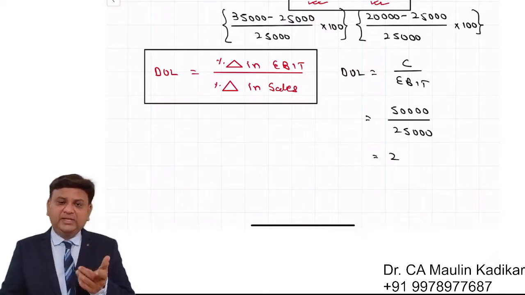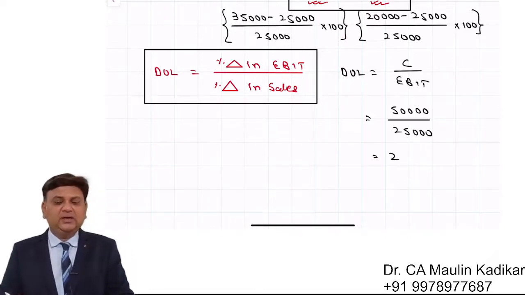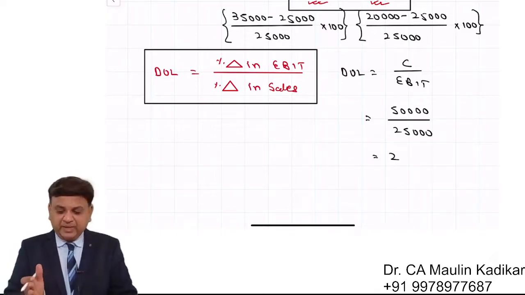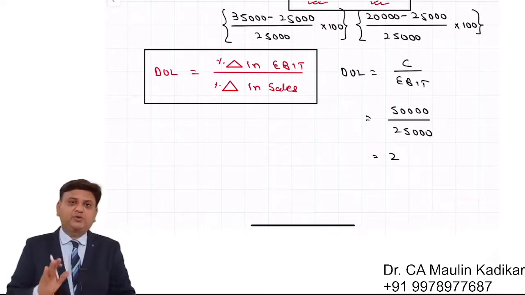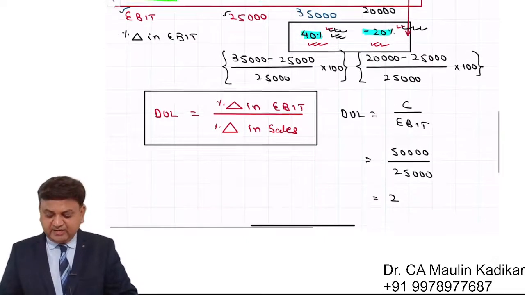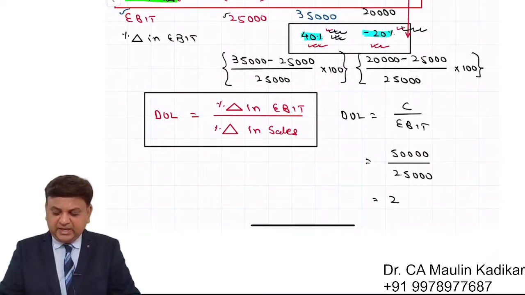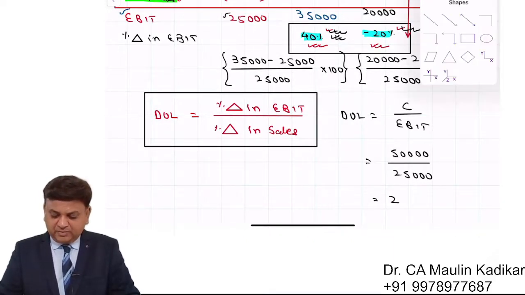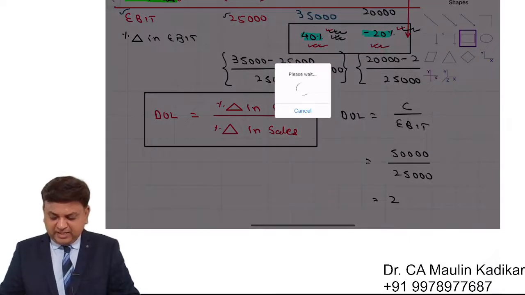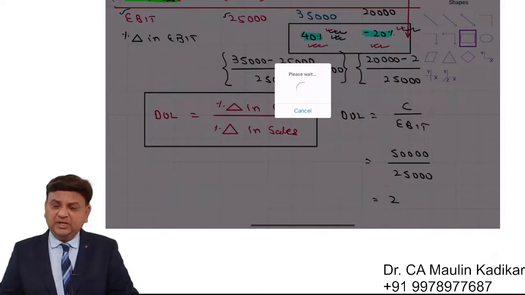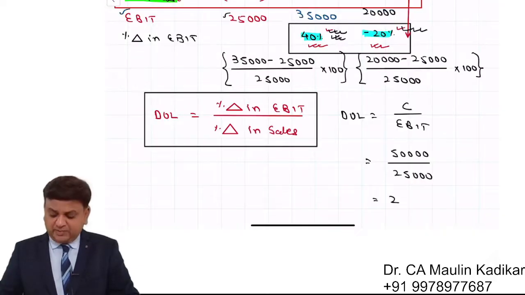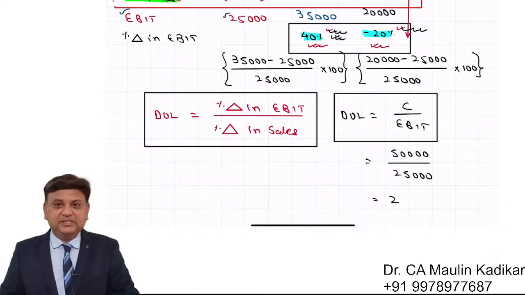Why we calculate it is yet to be explained. What we are calculating and what kind of relationship it measures is the only point that I am discussing. Then gradually I will be explaining that portion also. So right now we understand that the DOL is calculated using the formula contribution upon EBIT, and the answer of the DOL measures what would be the percentage change in the operating income for every 1% change in sales.